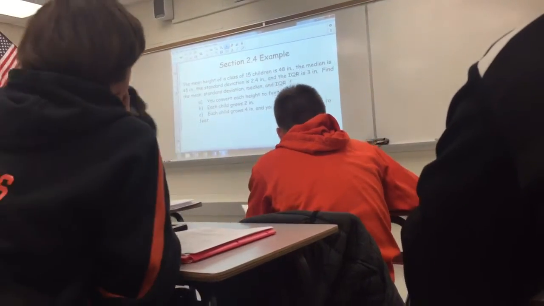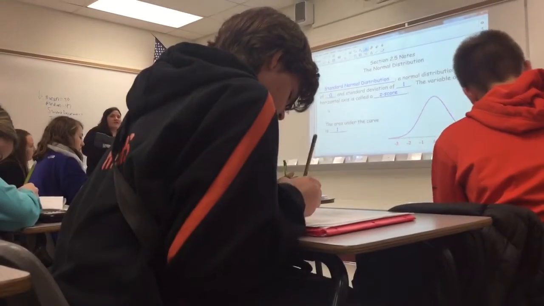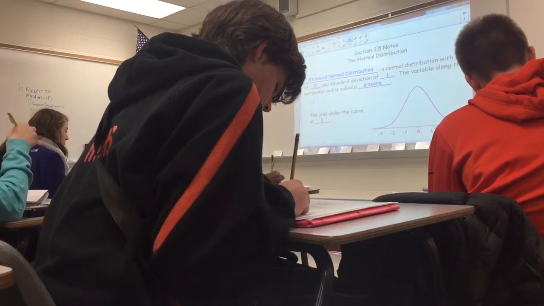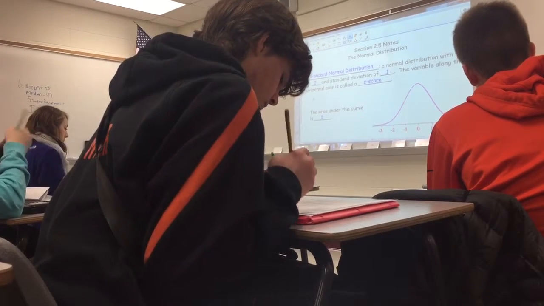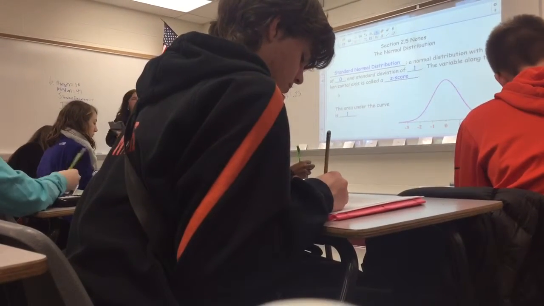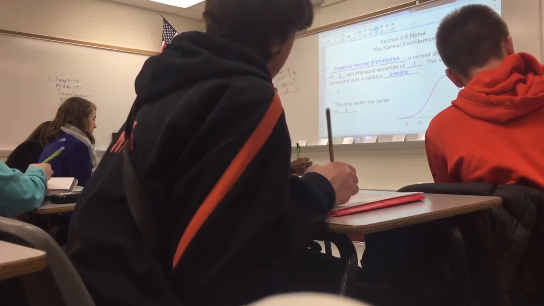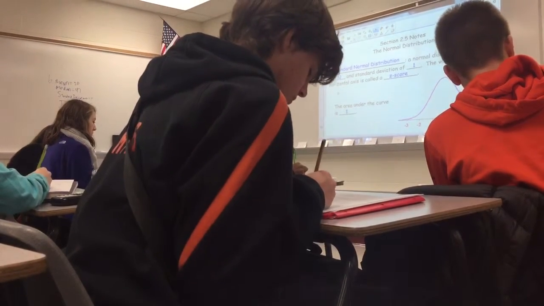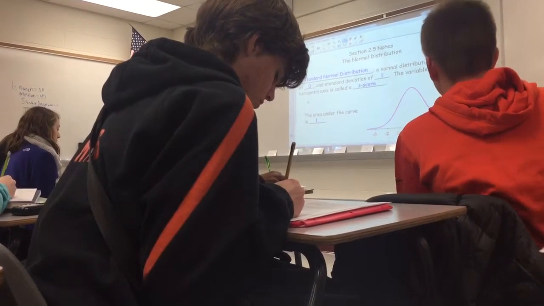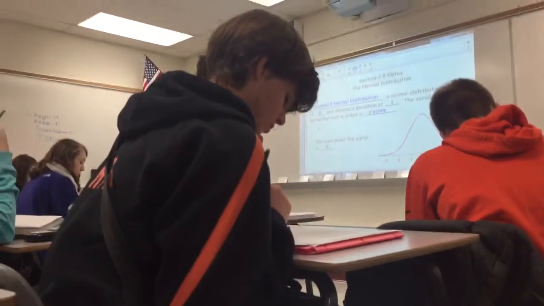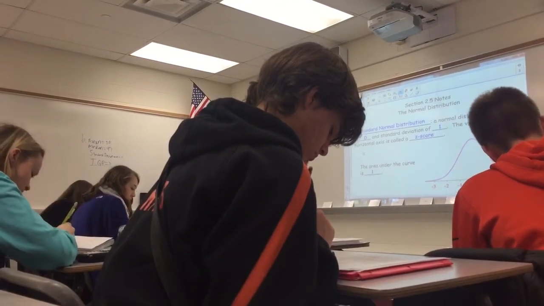Some examples of the normal distribution: height is typically normally distributed, weight. There are millions of examples of things that are normally distributed. But the standard normal distribution has a mean of 0 and a standard deviation of 1.